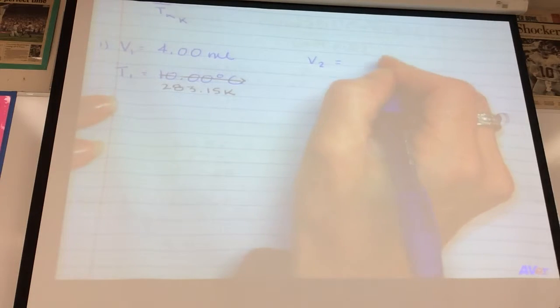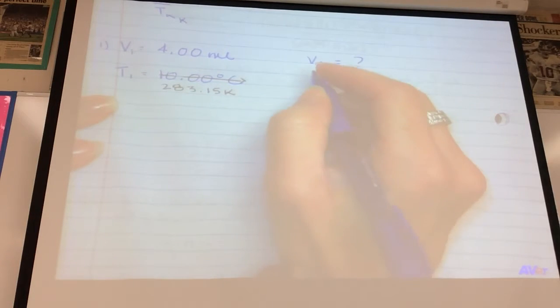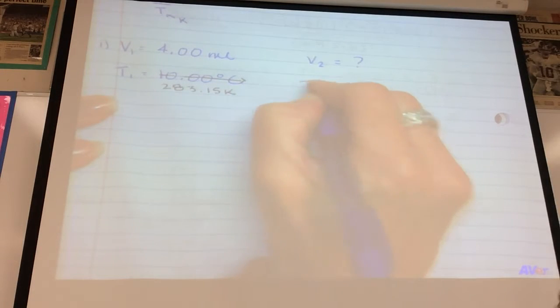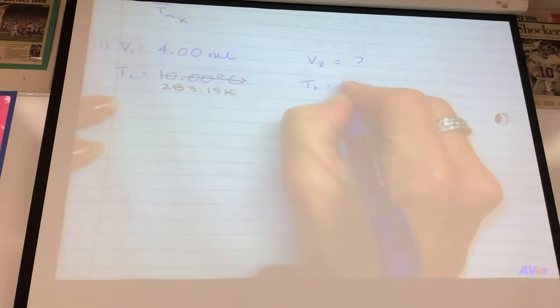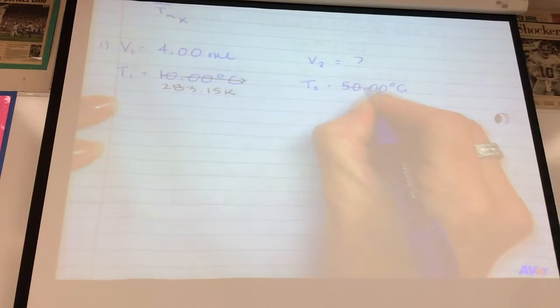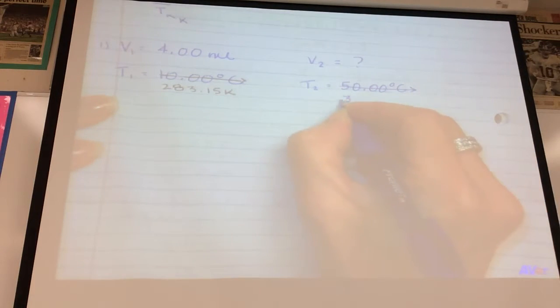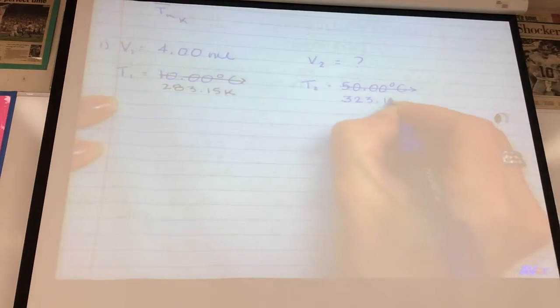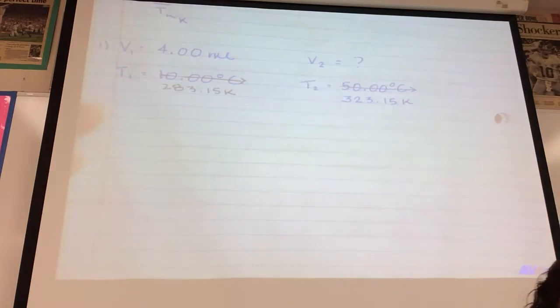We're looking for the volume under the new set of conditions where T2 is 50 degrees Celsius, and again, as soon as I write degrees Celsius, I'll put a line through it and I'll convert to Kelvin. You are so much more likely to have success if you do that right away.